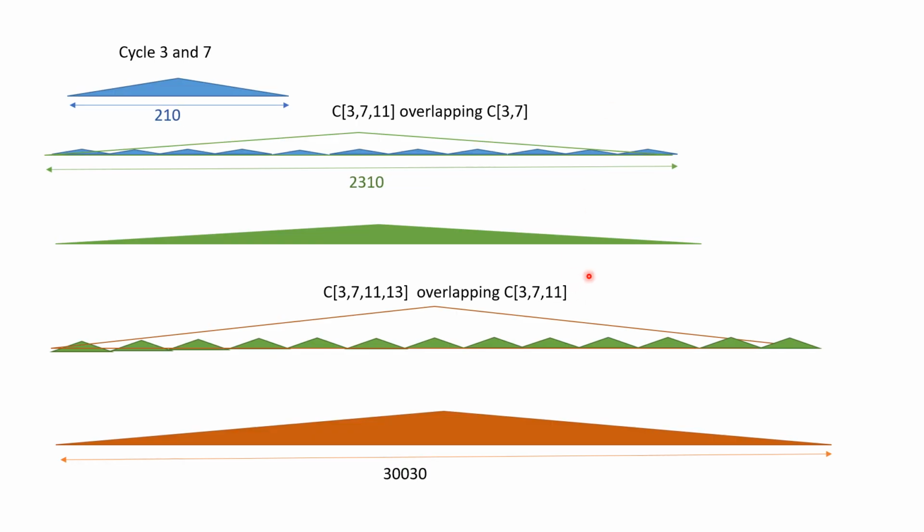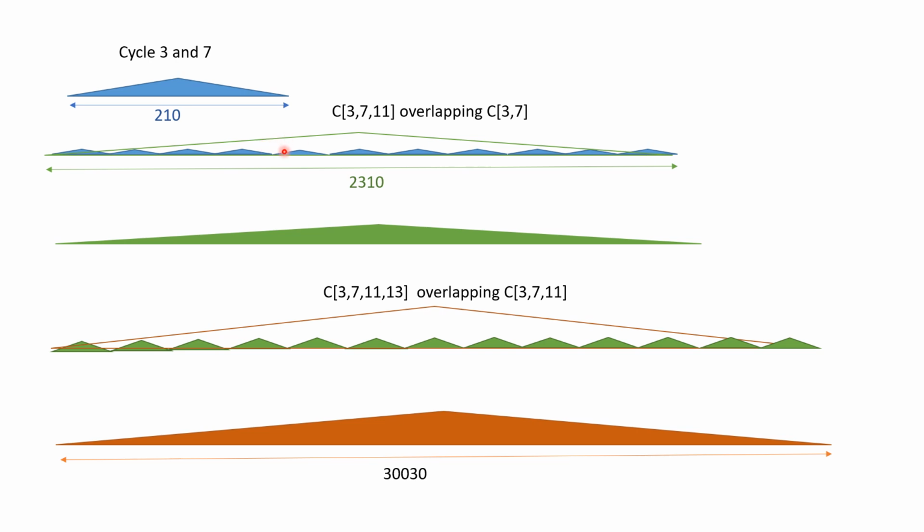So to see what happens is what I call the main cycle. The main cycle starts with combining the cycle of 3 and 7, and we have a 210 cycle with 3 empty boxes, 3 cyclic prime tens, as I call them, and all the other tens are non-empty boxes.